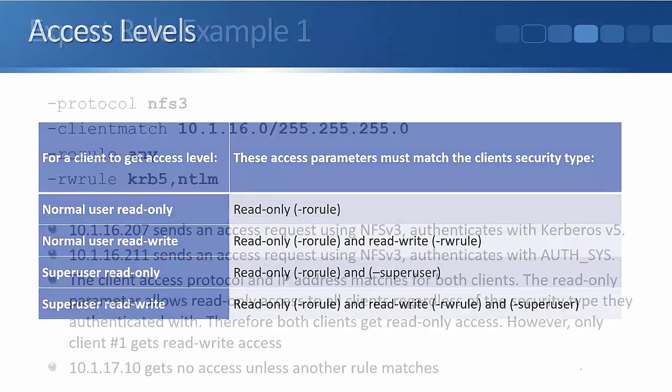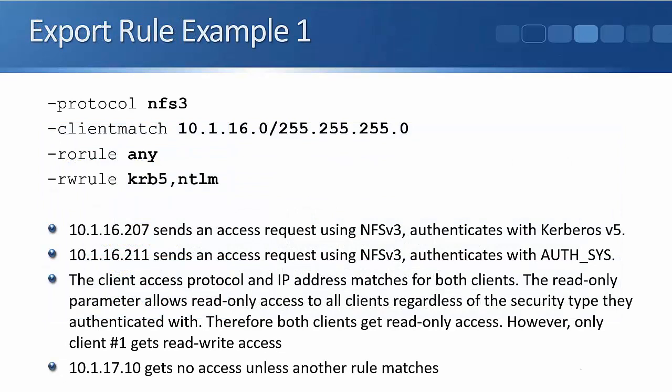So remember, you need to specify the protocol that the client is using, the client identifier, which is the IP address they're coming in from, and the security type, which is the authentication mechanism they're using. So our first example here, the protocol is NFS version 3.